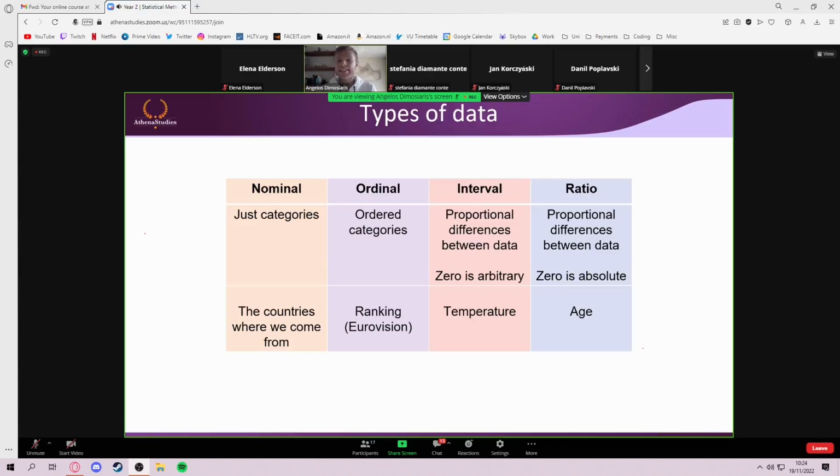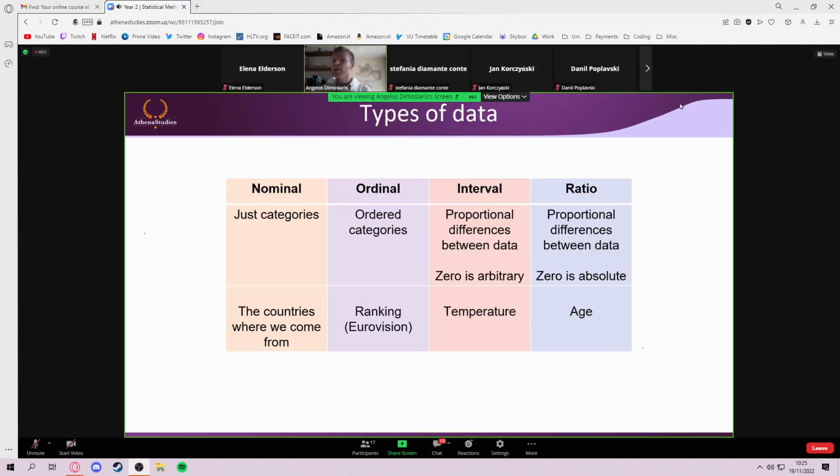So the first one is the nominal. In this case, we have numbers, but these numbers refer just to some categories. For example, I can assign a number to all of us here in this class based on which countries we came from. So for example, I come from Greece, I can have the number 1.